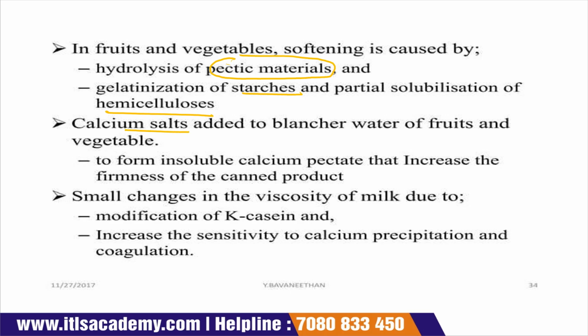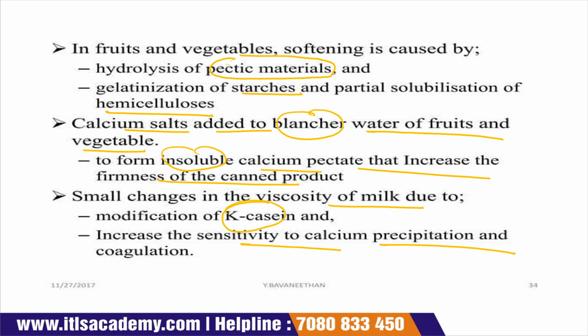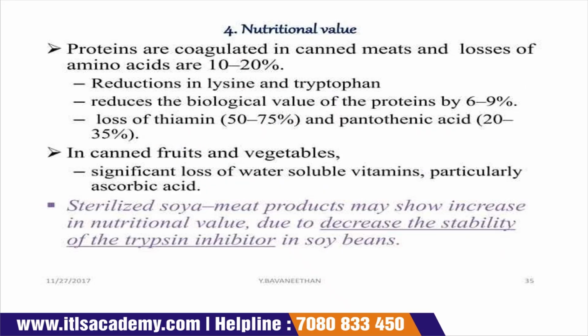Then calcium salts are added to the blanching water of fruits and vegetables, which form insoluble calcium pectate and increase the firmness of the canned product. Then there is a small change in the viscosity of milk, which occurs due to the modification of the kappa-casein, and also an increased sensitivity to calcium precipitation and coagulation.